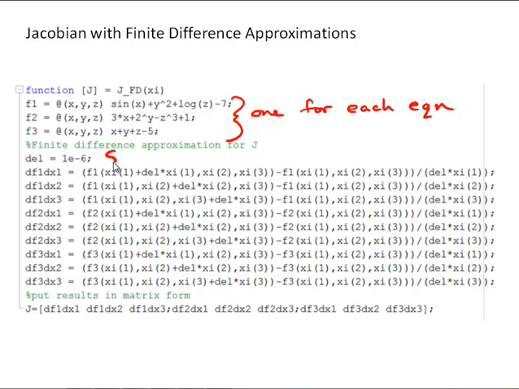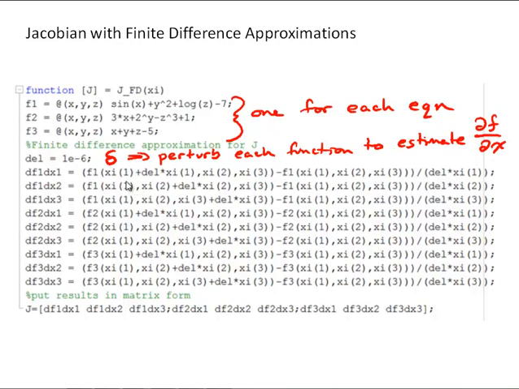And here's our del, that's the amount that we're going to perturb each function to estimate its partial derivative. So then we just go through.